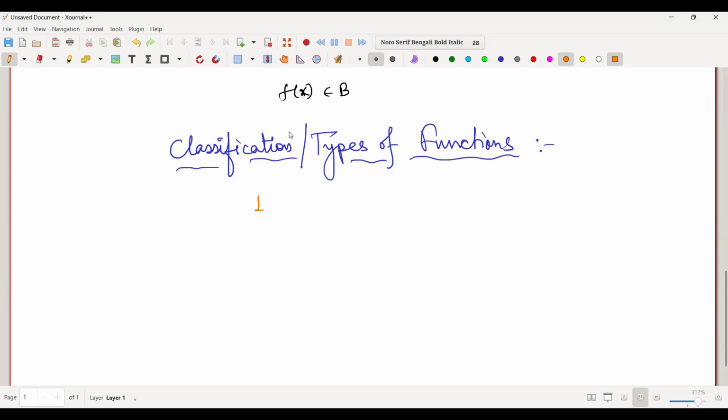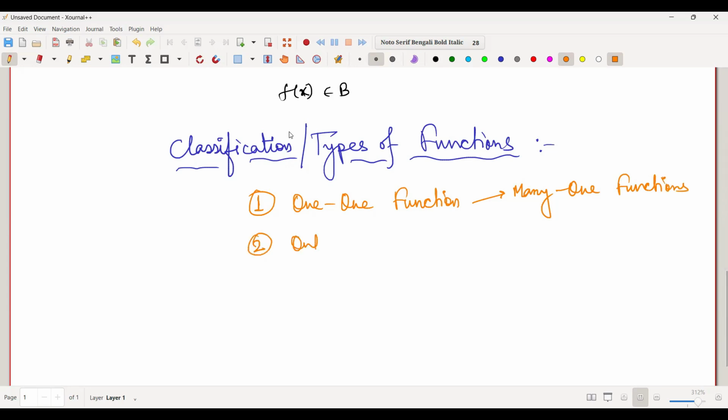One is one-one function, and those functions which are not one-one are called many-one functions. And second is onto function. Those that are not onto functions are called into functions.